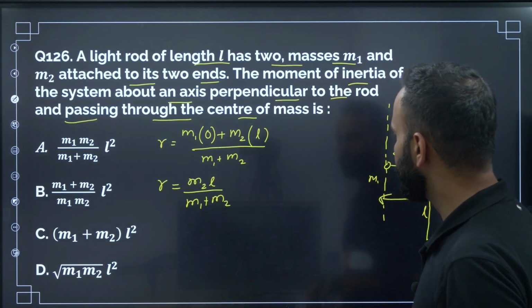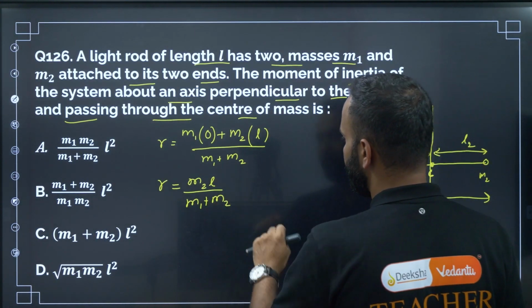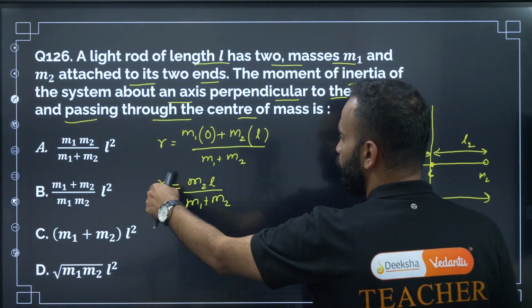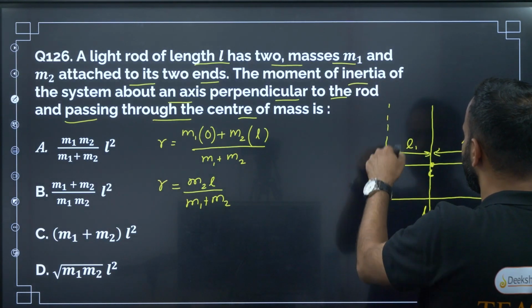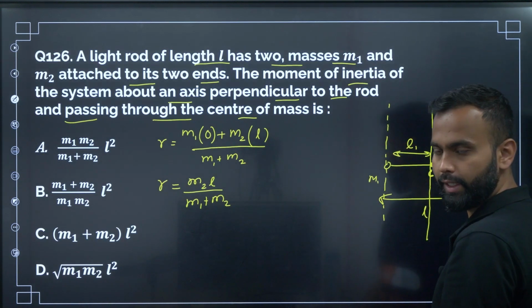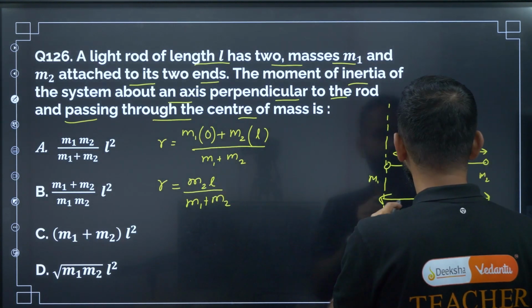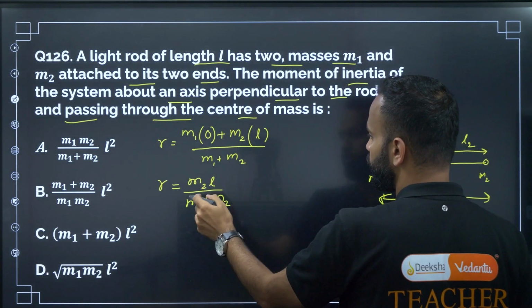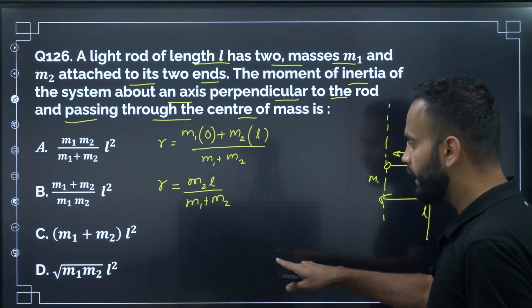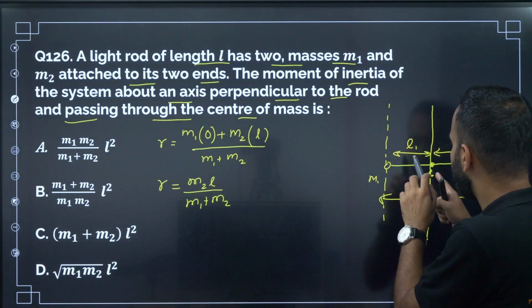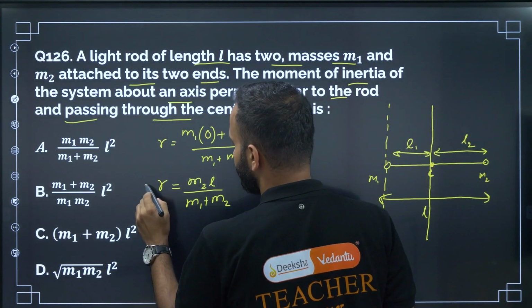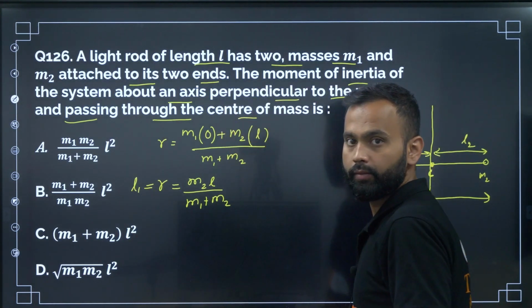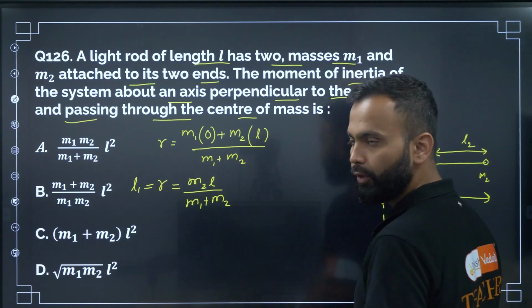Since we took the position of m1 as origin, R is the position of the center of mass, so the distance between the center of mass and mass m1 is L1. So R equals L1. Now we found L1.